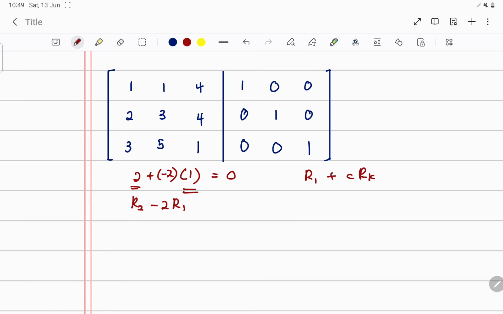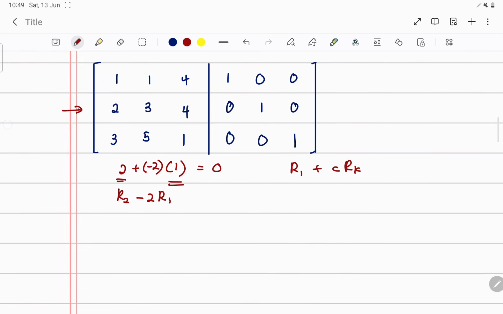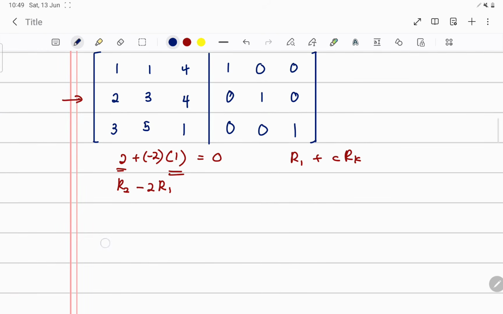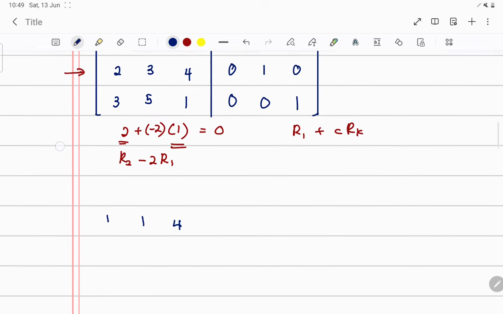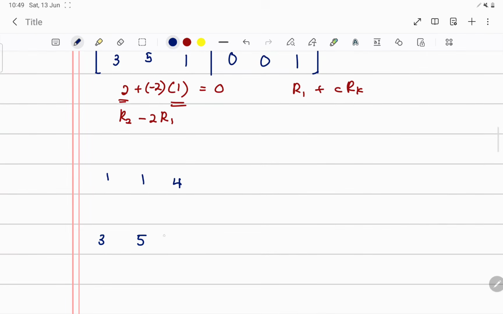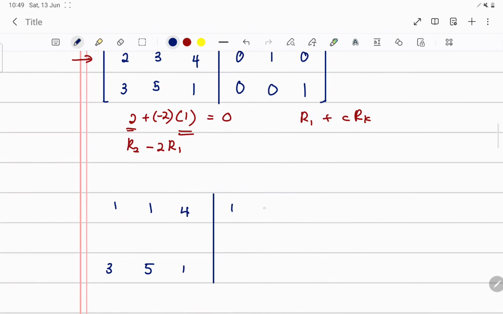Okay, now we proceed. So since here we just want to change only for row 2. Row 1 and row 3 we will not touch at all. So you can copy the value from row 1 and row 2 together. So you copy 1, 1, 4, 3, 5, 1, 1, 0, 0, 0, 0, 1.